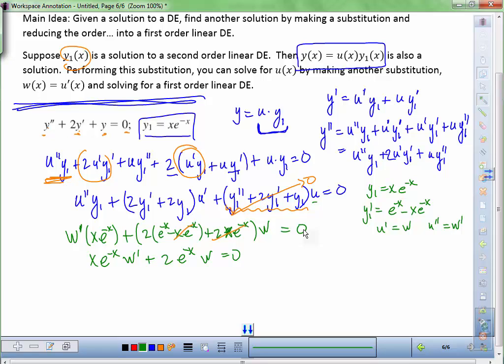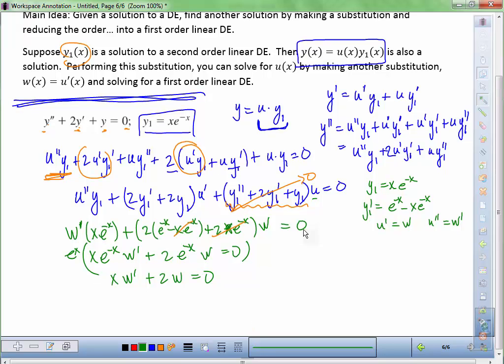And then if we divide out by e to the negative x, that's not going to change anything. We just have x w prime plus 2w is equal to 0. So this is a first order linear equation that we can solve for, I think. I was going to say, is it separable?